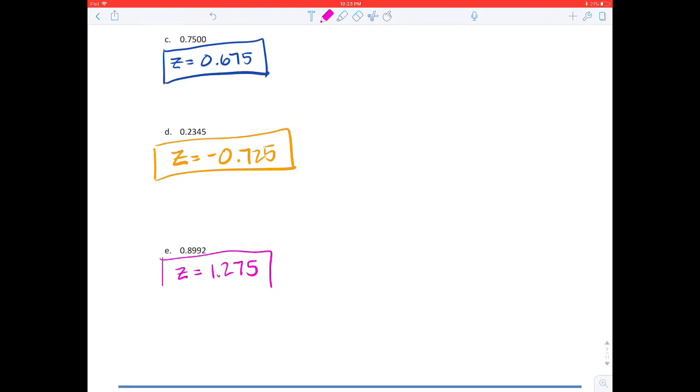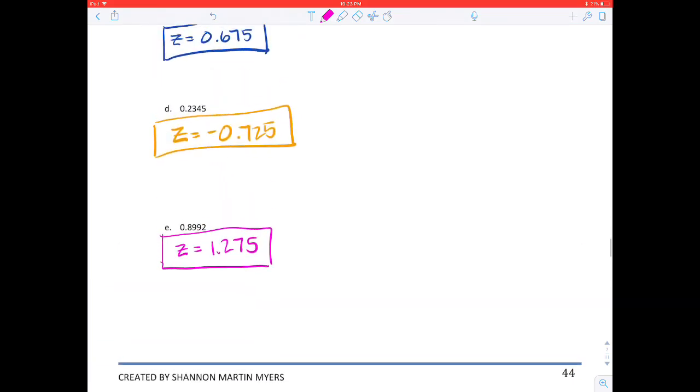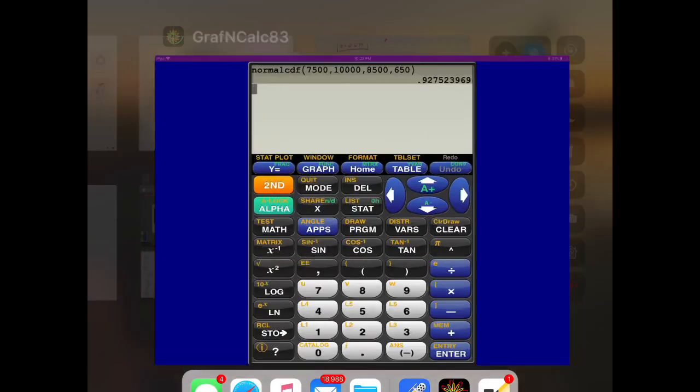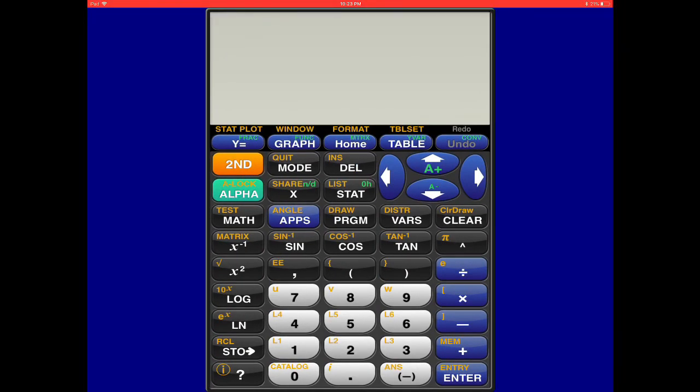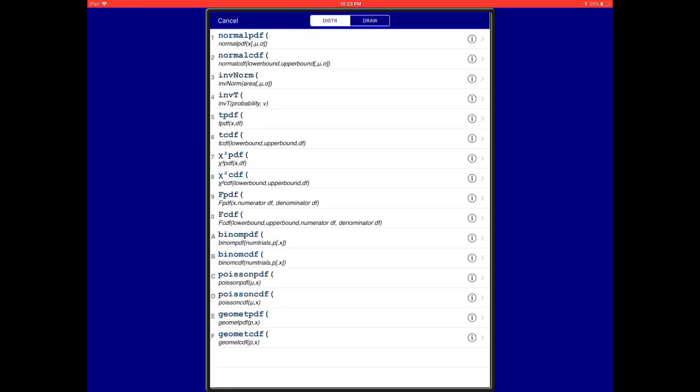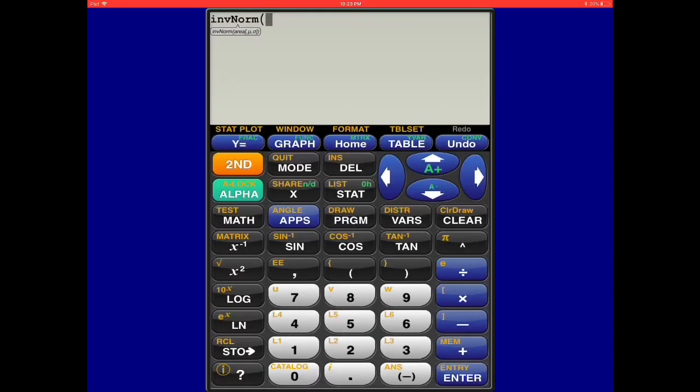Okay, so now let's do an example where we use the calculator, because I think that's the last one. So using the calculator, this is what we do. We go to the distribution menu, and now we do inverse normal, okay? And we were entering in areas, right? One of them was 0.2345, and we're using standard normal.